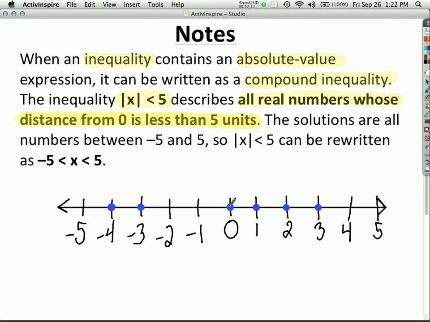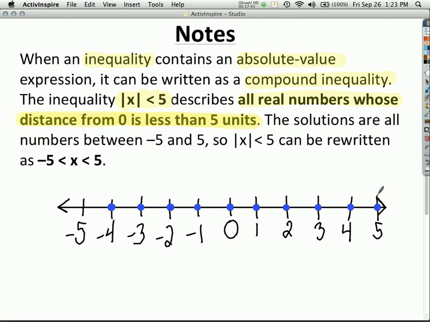Okay, I'll buy that. Give me another one. Alex? Negative 1. Yep, that's 1 unit away. Give me another one. Michael? Negative 2. 1, 2. Good. Give me another one. Caleb? 4. 1, 2, 3, 4. Good. Give me another one. Tristan?